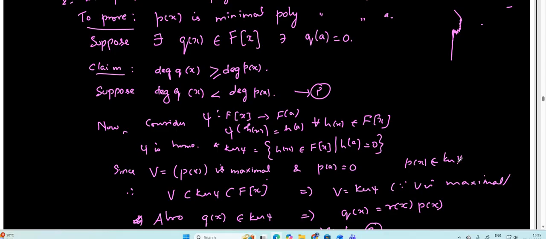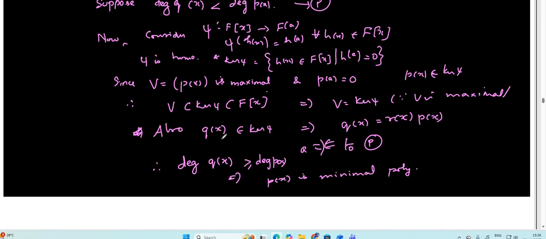Therefore, p(x) must belong to kernel psi. So B must be contained in the kernel, but the kernel is contained in F[x]. But we know that B is maximal, so we must have B to be kernel psi. The kernel psi cannot be F[x] because 1 is a member of F[x], but 1 is not a member of kernel psi. So the equality between these two is not possible. So you have B to be kernel psi.